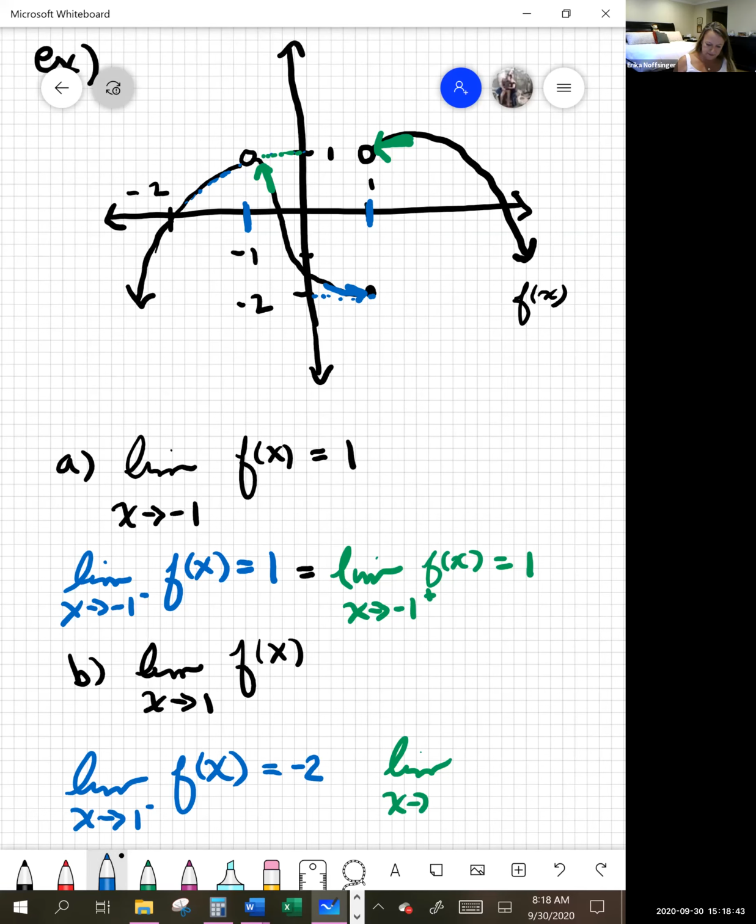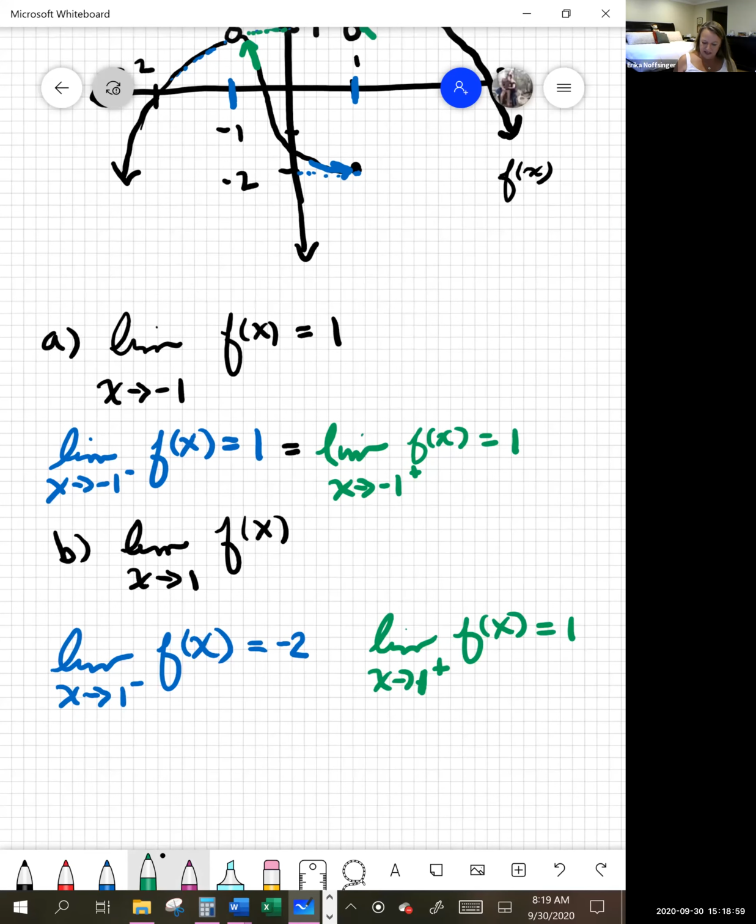That's a negative on the left. And 1 on the right, we're getting back 1. And since these do not equal each other, we can say that this limit does not exist.